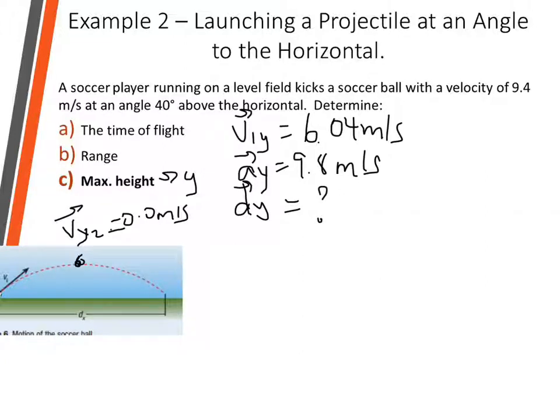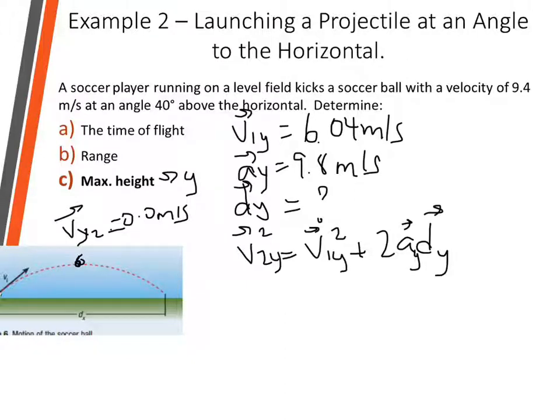So we're going to use the v2 squared equals v1 squared plus 2ad. Okay, and those are all in the y direction. So if you want to go and put the y's in, feel free. I'm not going to show you how I'm rearranging this equation. You can always go back and watch those other videos.